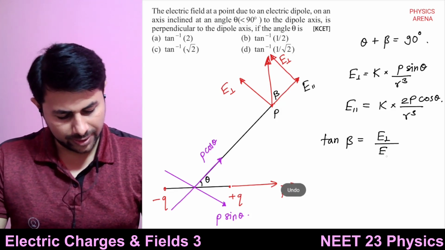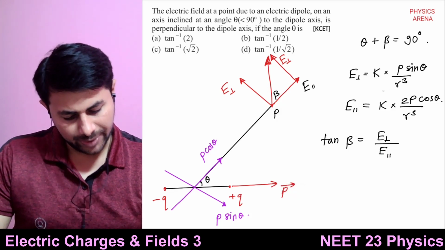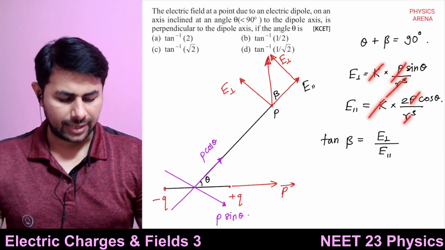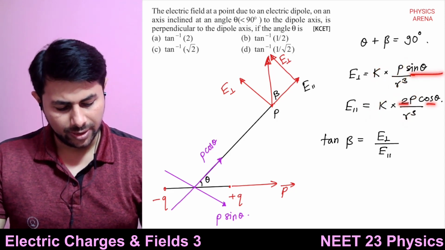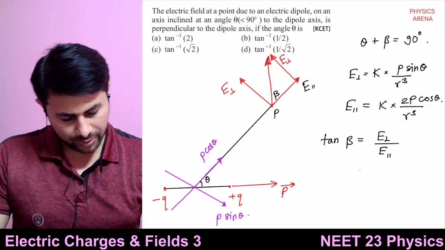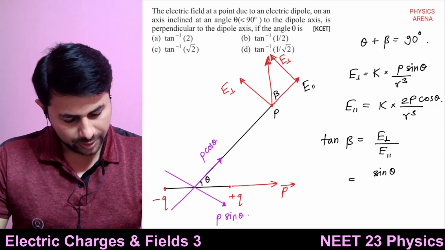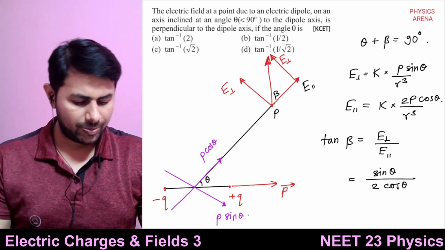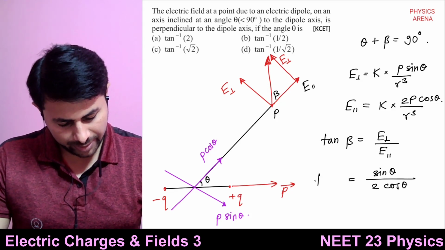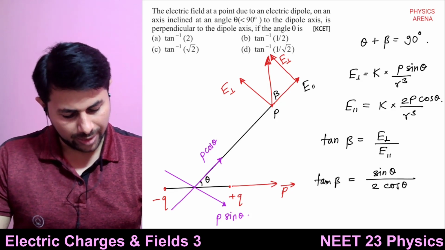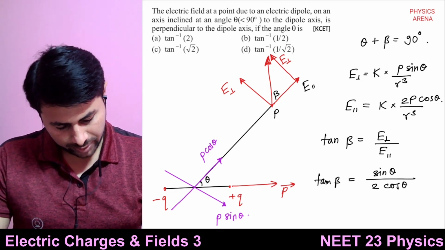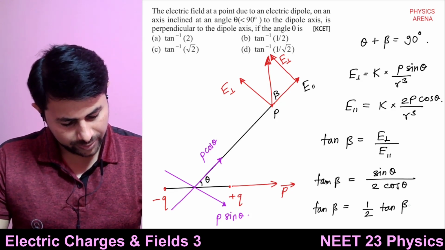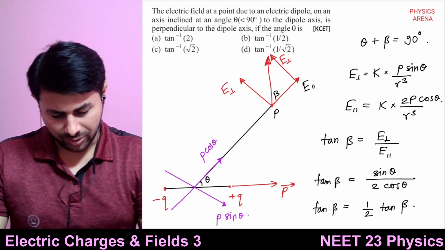If I divide this by this, what do I get? K P R cube will be cancelled. It is sine theta divided by 2 cos theta. So tan beta is equal to half of tan of theta.